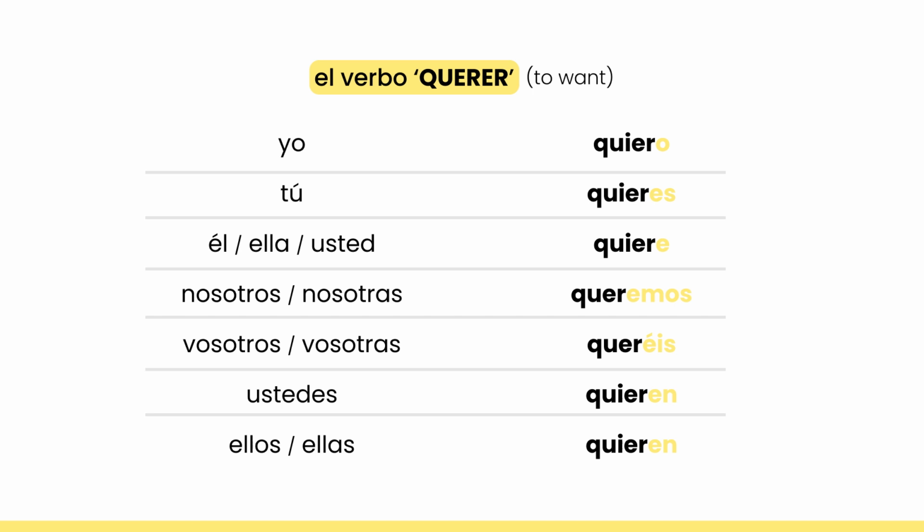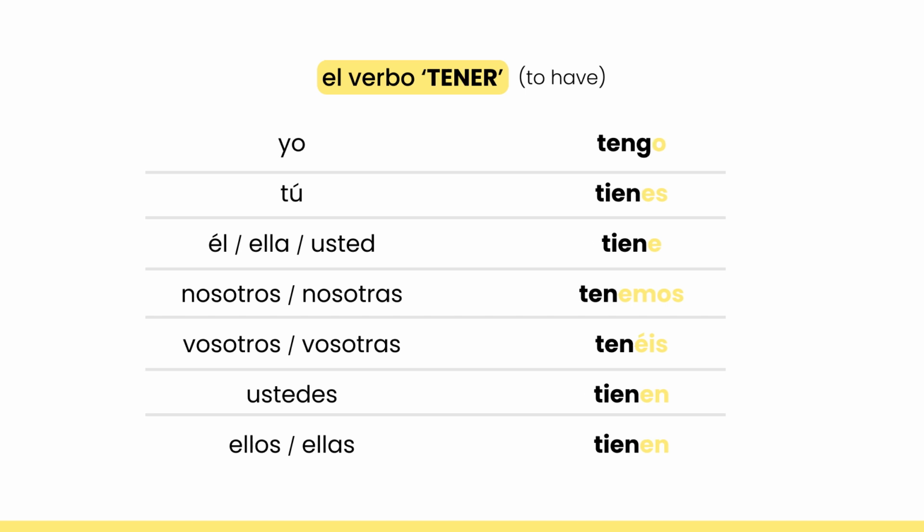So it's not exactly regular, and the same with tener, which in the I form has T-E-N-G, in the tú form, T-I-E-N, but then for example, vosotros, vosotras has T-E-N. So it's not exactly regular, but the endings of the verb, they are regular. So in this case, actually these are not fully regular verbs. These are actually slightly irregular verbs.